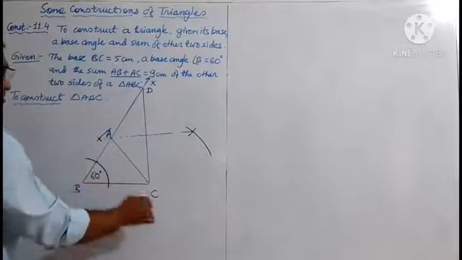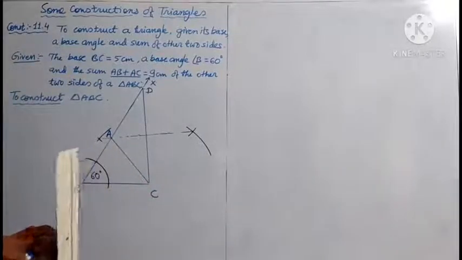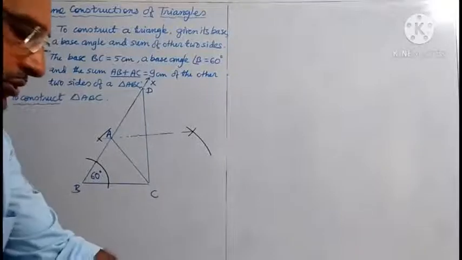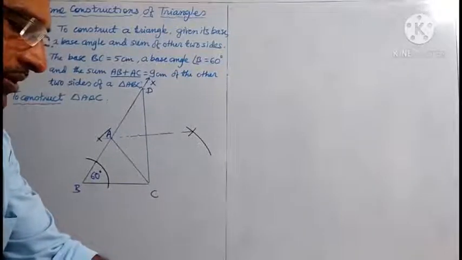Thus the triangle ABC of the required measure is constructed. So here you can see the figure.